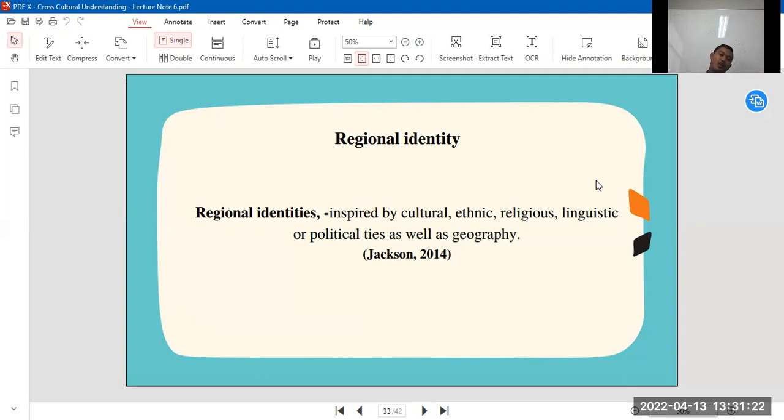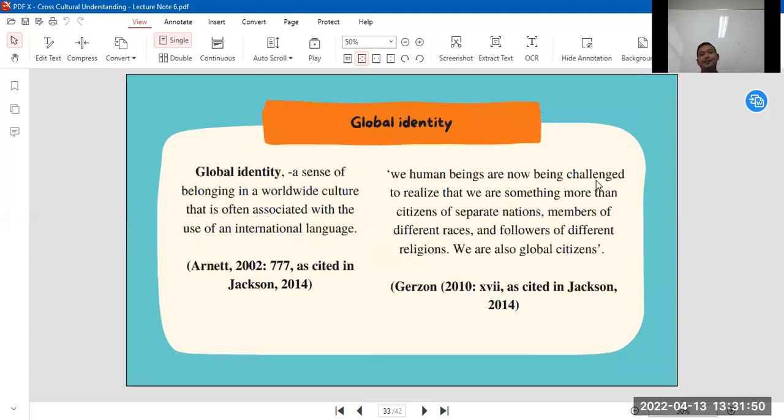Let's say in Indonesia, we have many tribes and many different accents. Every region has a different accent. The one who comes from a certain region, that is their regional identity. Oh, he is Javanese, he is Sundanese, he is Bataknese. These are examples of tribes in Indonesia. That is the regional identity.